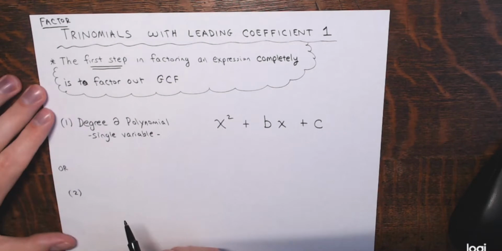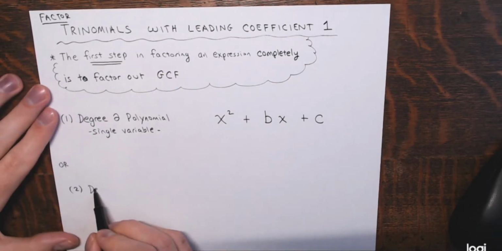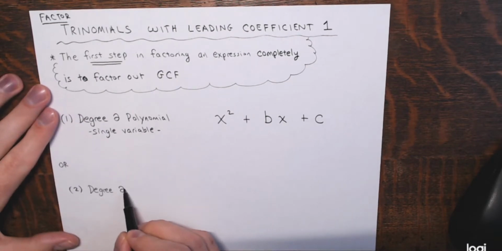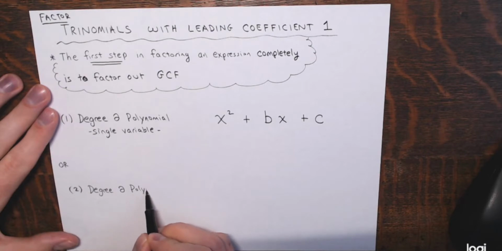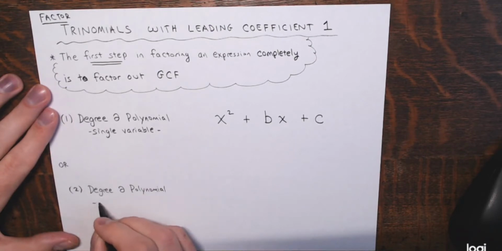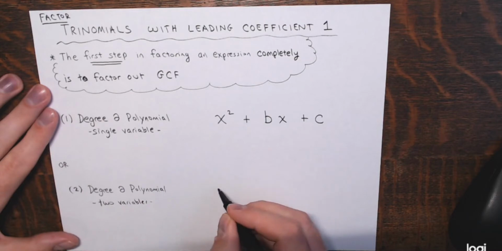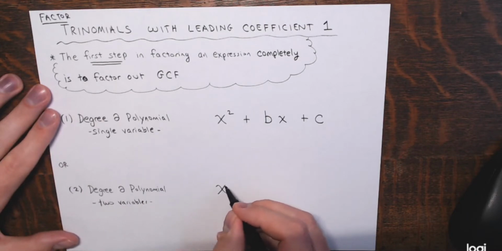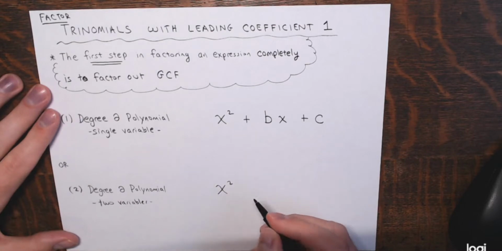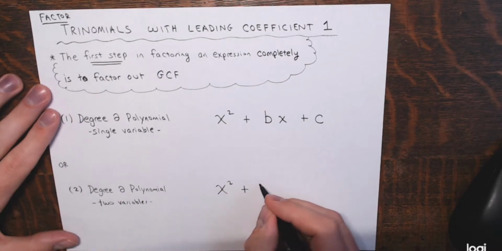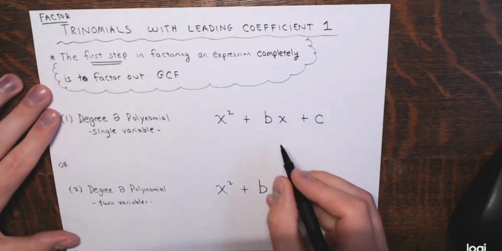So we'll see trinomials like this, or we'll see trinomials that are degree 2 polynomials, a quadratic polynomial, but with 2 variables. The first term will be x squared, or some variable squared, plus some number b times x times y, so there's another degree 2 term, plus c times y squared.